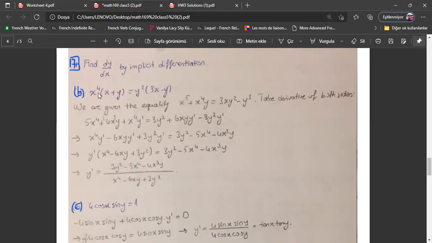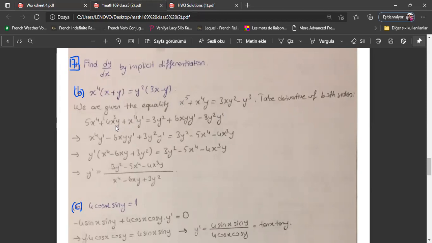On the left, first we distribute the x to the 4 into the parentheses and get that. On the right, we apply the same thing. So we get this. Now taking derivatives gives us that.